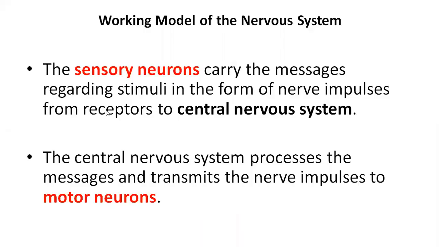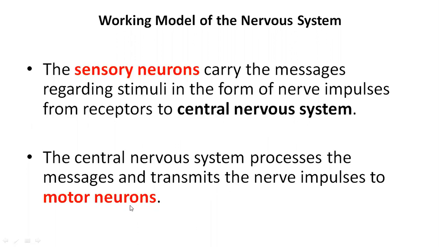Okay, this slide is actually explaining what was visually shown in the previous diagram. I have already explained, let's talk about it once again simply. The sensory neurons carry the message regarding the stimuli to form the nerve impulse, and that message travels from the receptors to the central nervous system. Once the message reaches the central nervous system, it processes that message and transmits the nerve impulse to the motor neurons.